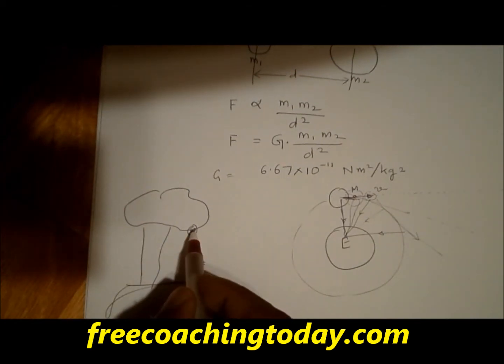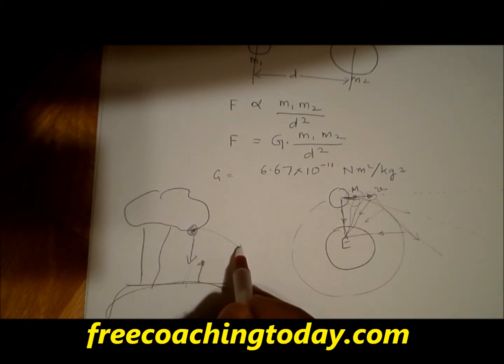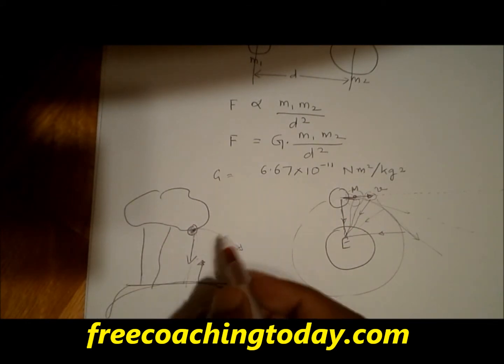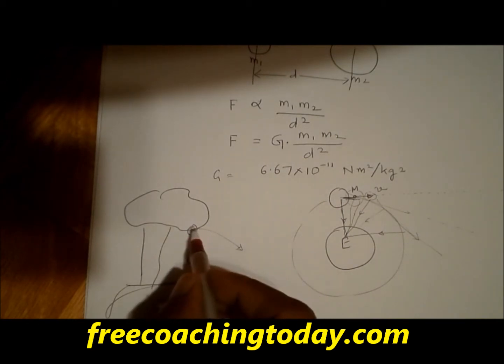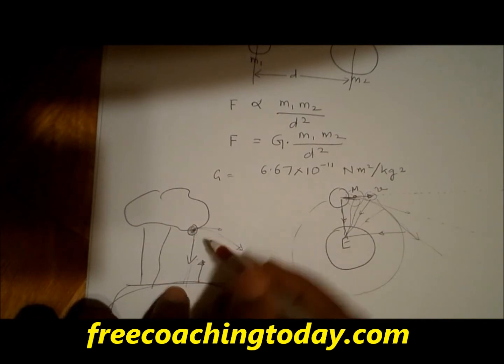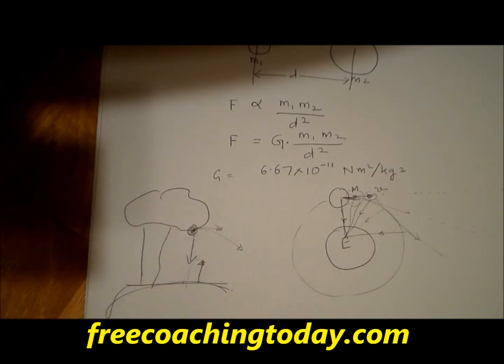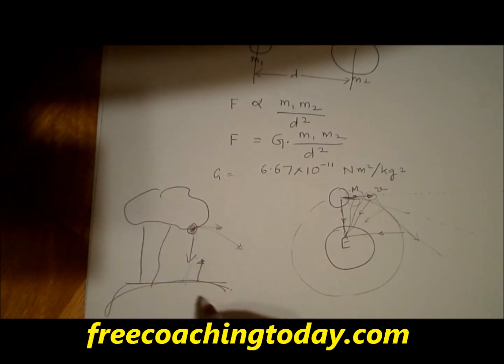Now the reason why a smaller object falls towards the earth and does not move along the earth's periphery is that it does not have enough velocity. The closer you are to the earth, the much larger velocity you will need in order to rotate along the earth. We will learn about it.